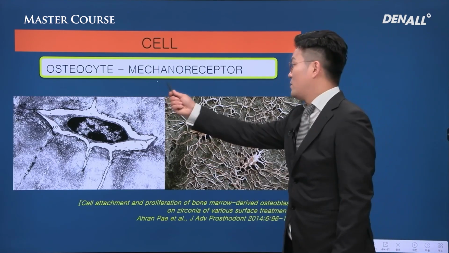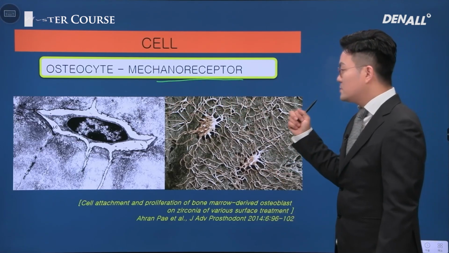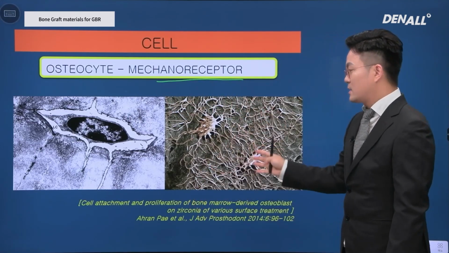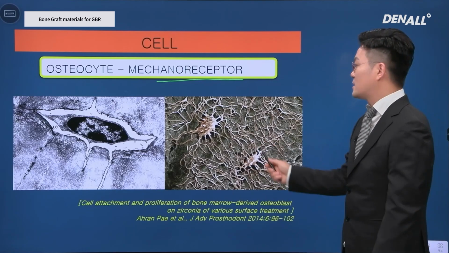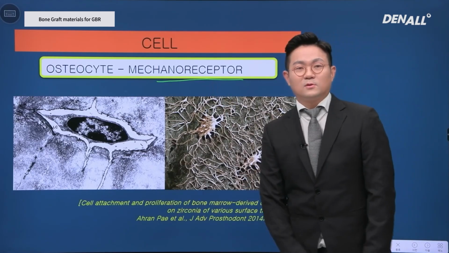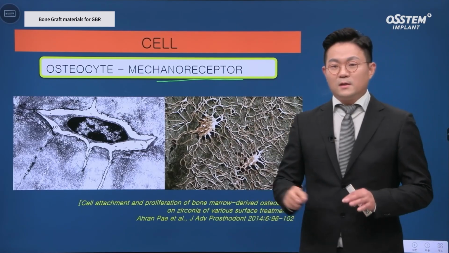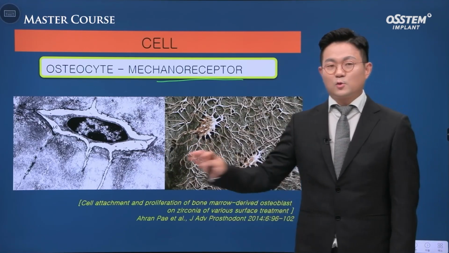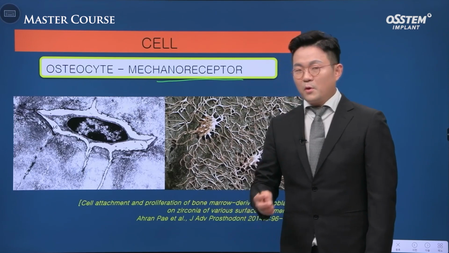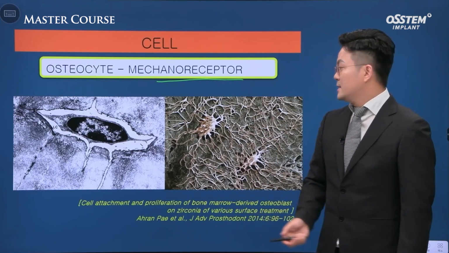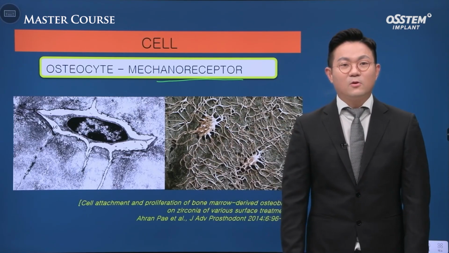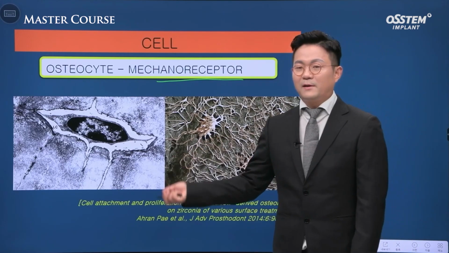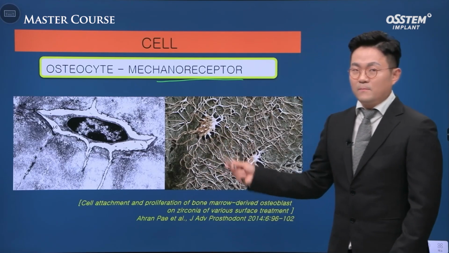They are mechanoreceptors. When bone is damaged or is under pressure, the changes are felt by the mechanoreceptors, and they affect other cells to initiate bone remodeling. That was discovered recently, so osteocytes play very important roles.